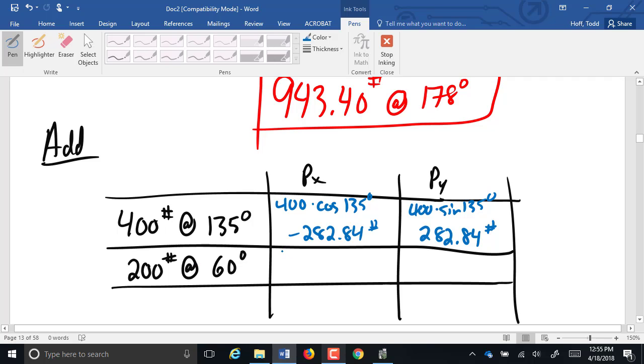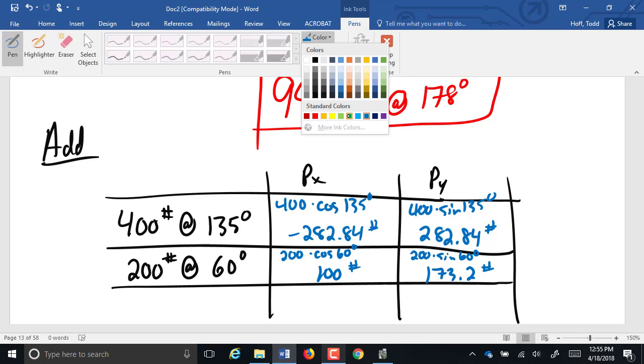Px for the second vector is 200 times the cosine of 60 degrees, which is 100 pounds. Py is 200 times the sine of 60 degrees, which is 173.2 pounds, correct? So then we add those.